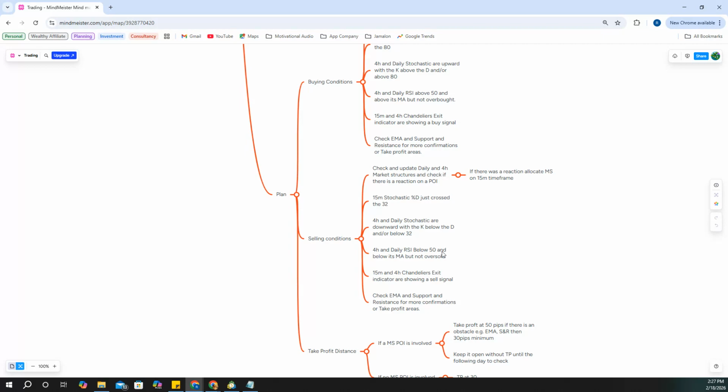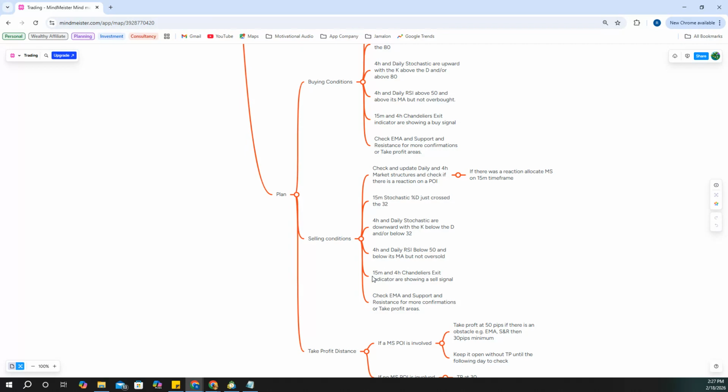But I'm discovering that ignoring this means I will have to bear the fact that the price might go against me, going up and then going down, and this is what is actually happening with the GBP USD today. So the 4 hour and daily RSI should be below 50 and below their respective averages.